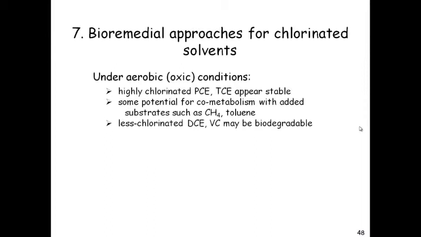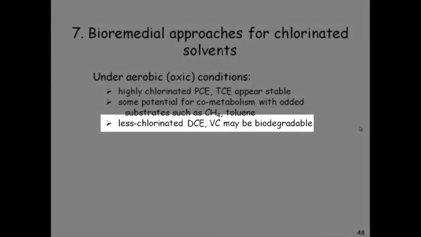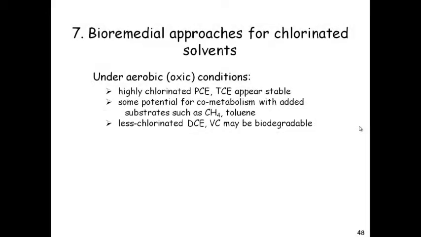Well, if we have aerobic conditions and we're adding oxygen and methane might be an explosive mixture above the ground. Toluene's a contaminant, so co-metabolic systems aren't really favored. Turns out that the less chlorinated, less oxidized chlorinated hydrocarbons are more degradable aerobically. So under aerobic conditions, we might get some TCE and vinyl chloride degradation.